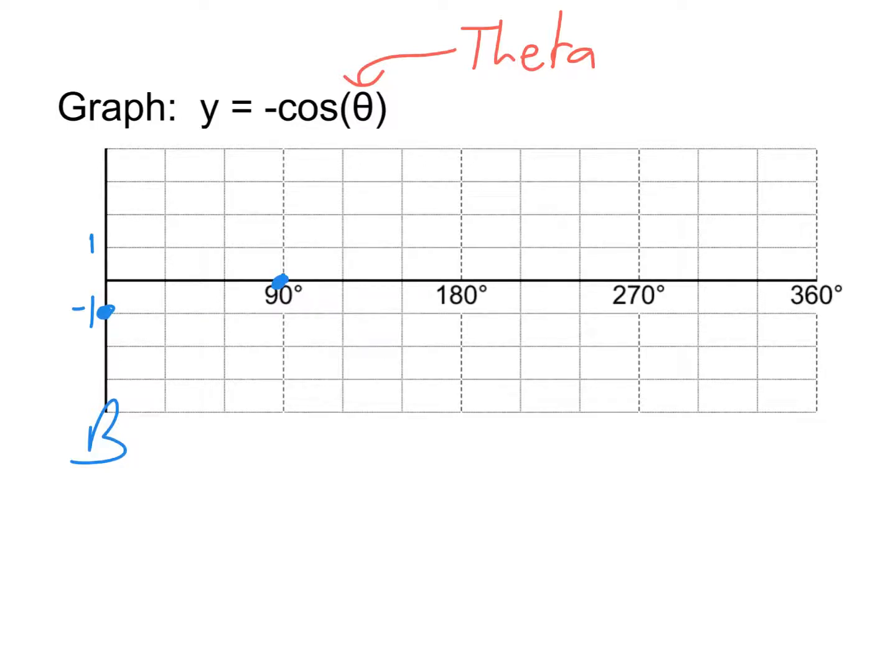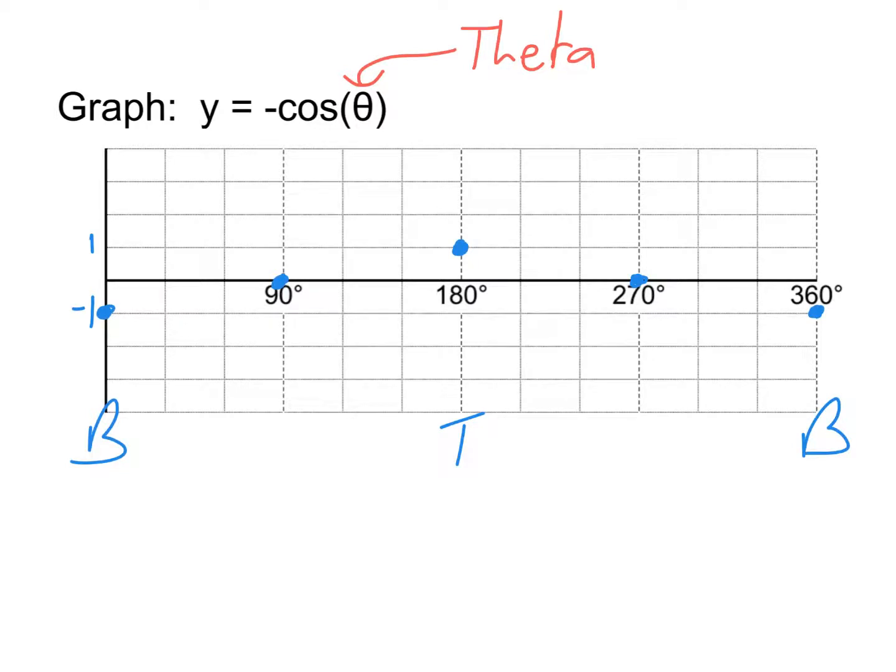And since this is negative cosine, that means it's actually going to be at a +1. So at 180, we're going up 1. That's where the top of our wave is. And then at 270, what's the cosine of 270? It is 0. And at 360, the cosine of 360 has got to be the same as the cosine of 0, so it's also -1.